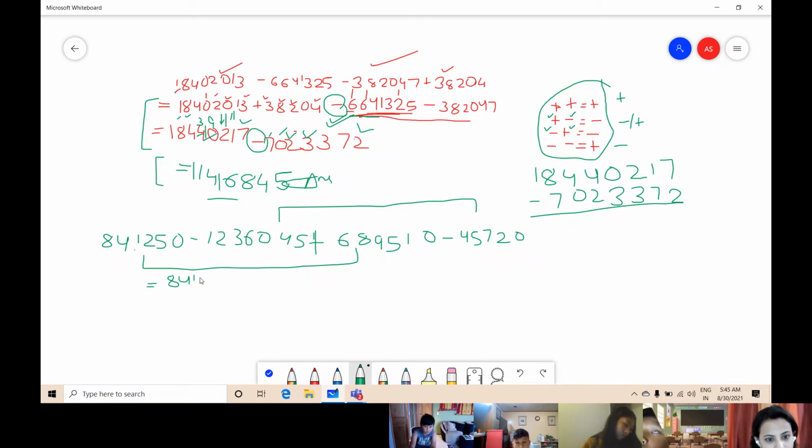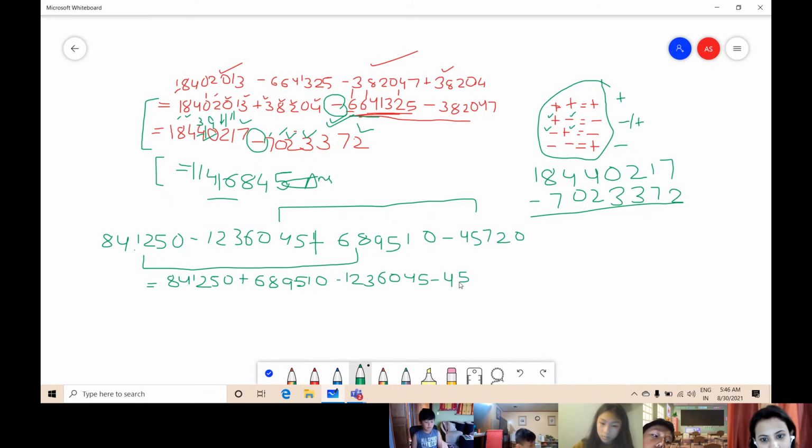So first 841250. Then write the numbers having the same addition sign here, 689510, minus 1236045, minus 45720.